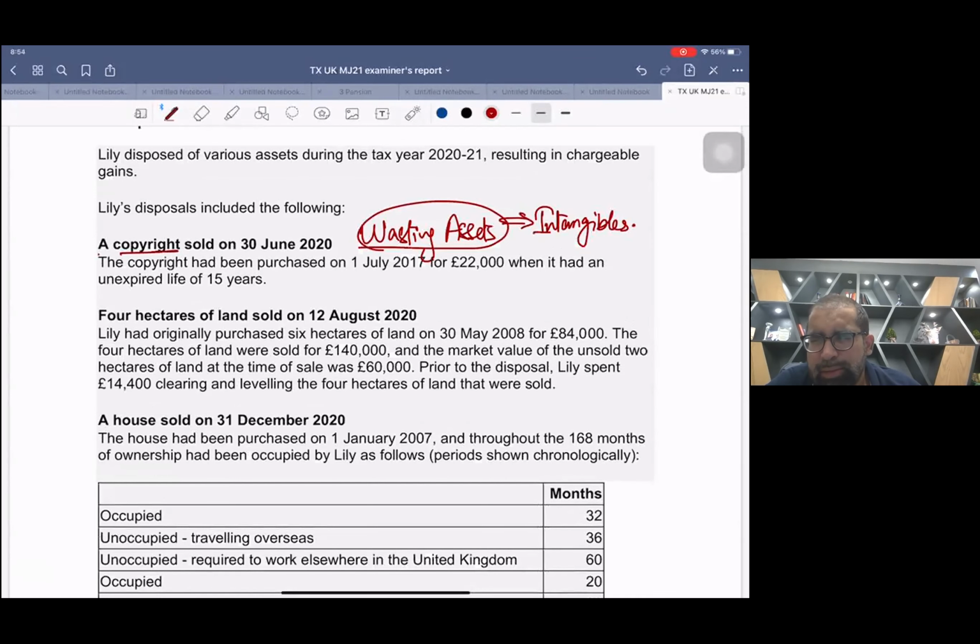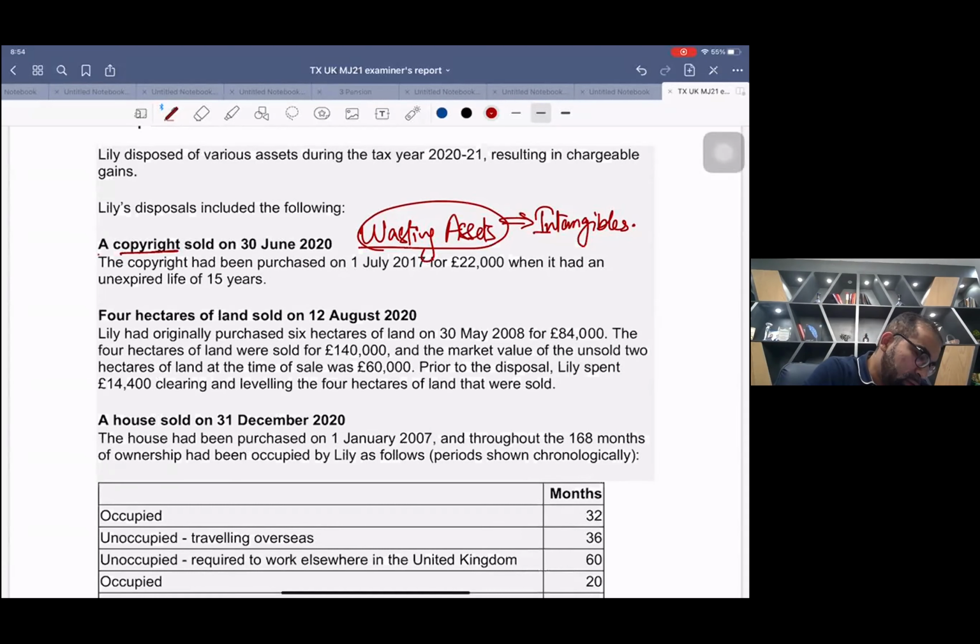In normal working, how do you calculate gain? DP less original cost. But for copyright, you do DP less NBV, disposal proceeds less net book value. So you need to do some depreciation as well.